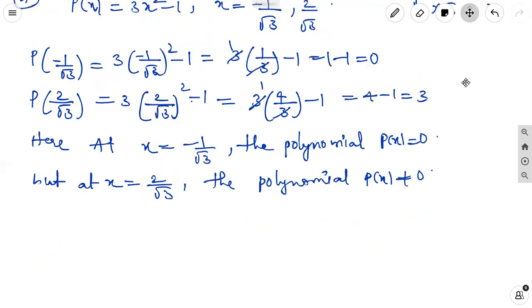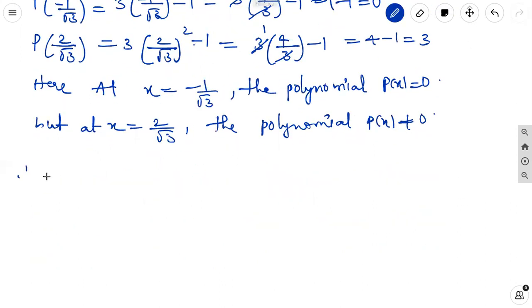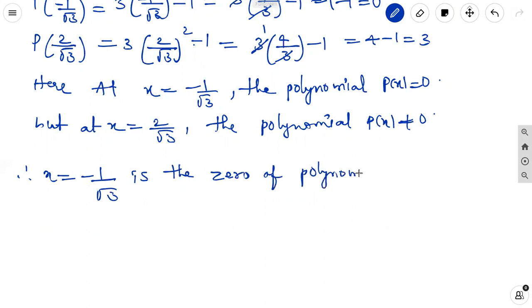Therefore, x equal to minus 1 by root 3 is the zero of polynomial p of x equal to 3x square minus 1.